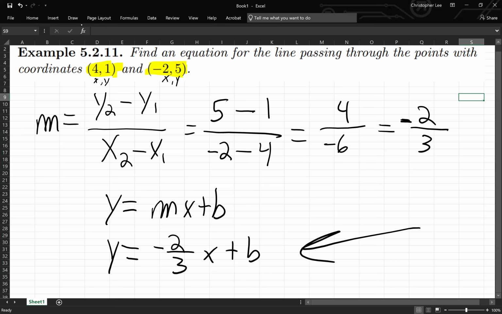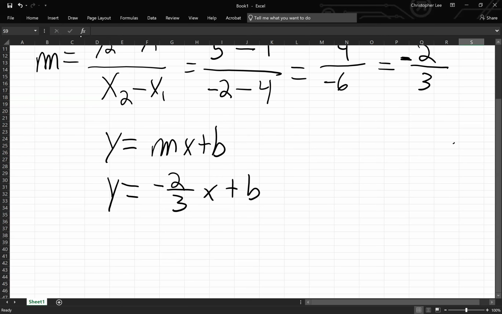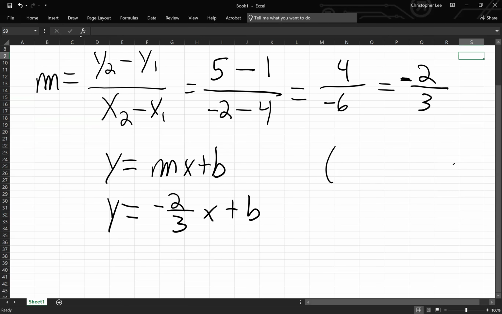But which point? The truth is, it doesn't matter. You just pick one of the points, and that's it. Since you chose (-2, 5), that's what we're gonna do.